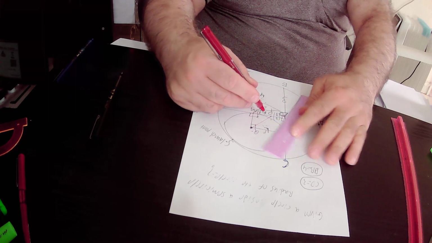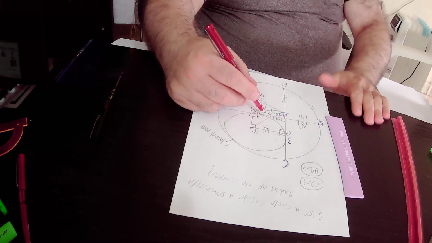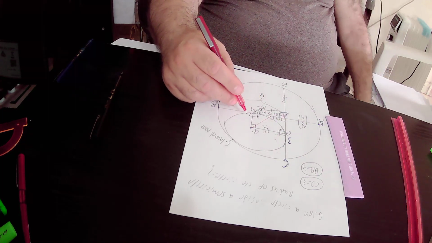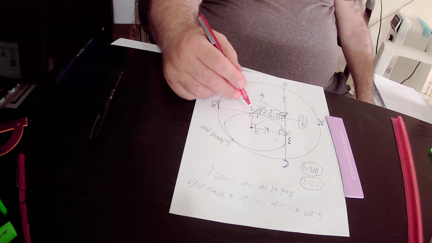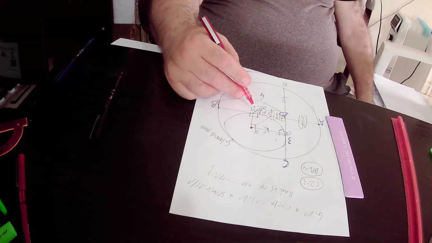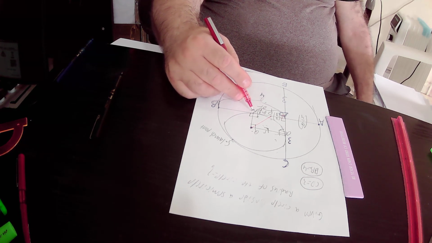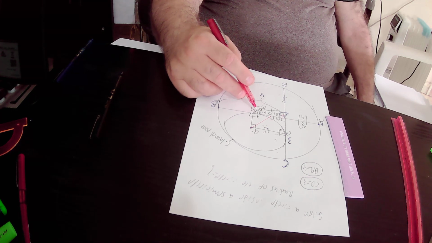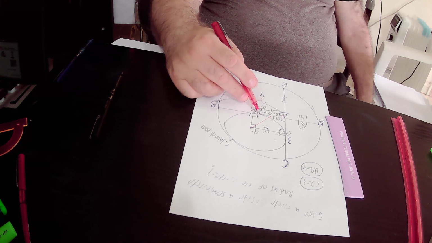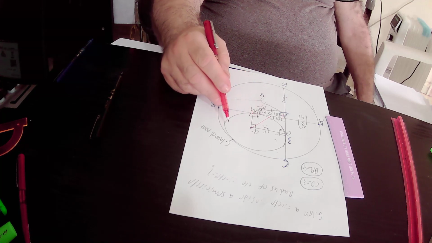Why? Because P is the center of the big circle, Q is the center of the small circle. And the straight line that connects their centers together is PQ, and according to rule number 2, this straight line PQ in the red color passes through the touching point.